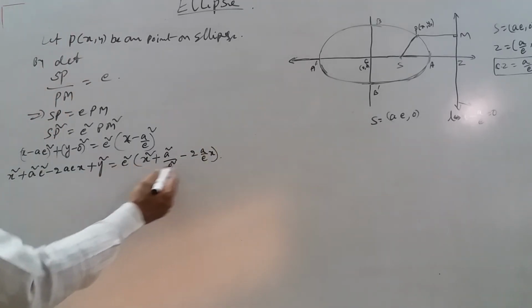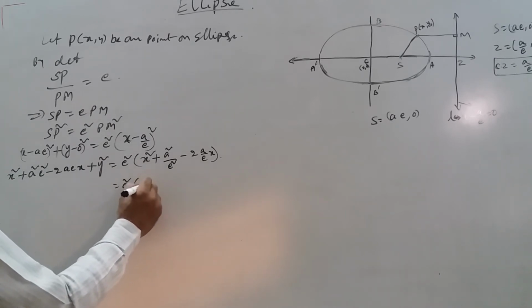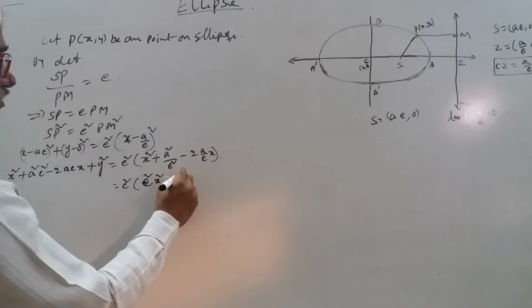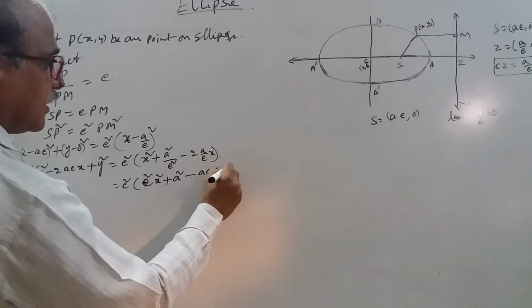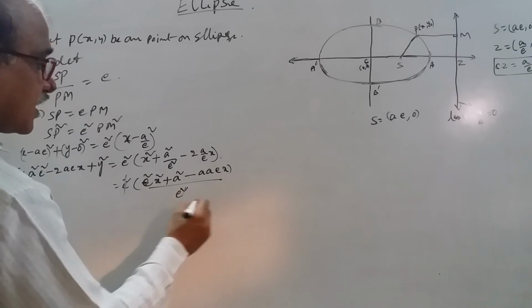By multiplying, this can be written as e square into (e square x square plus a square minus 2aex) whole divided by e square. Here e square gets cancelled.